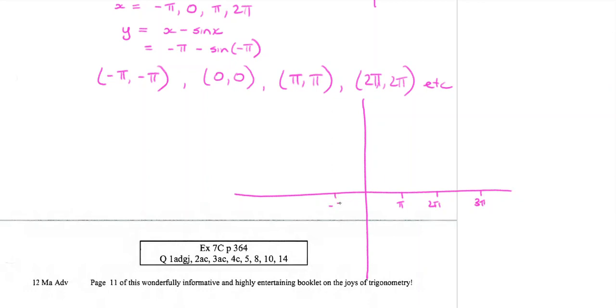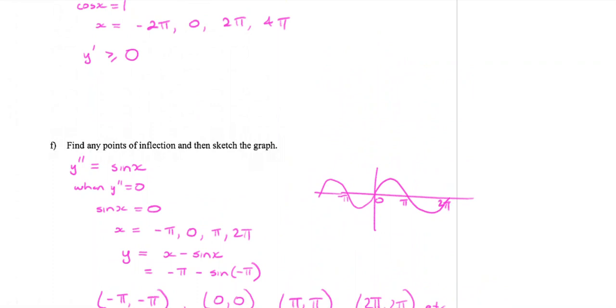I'm going to go minus pi, minus 2 pi, minus 3 pi, pi, 2 pi, 3 pi. That's a great graph. You're going to love it. And minus 3 pi. Okay, all those, all the stationary points back here.